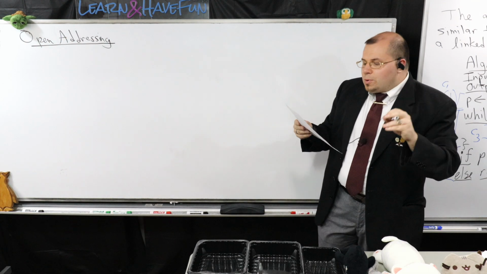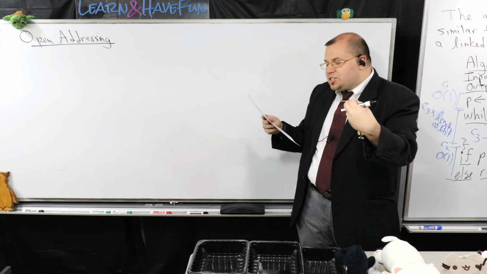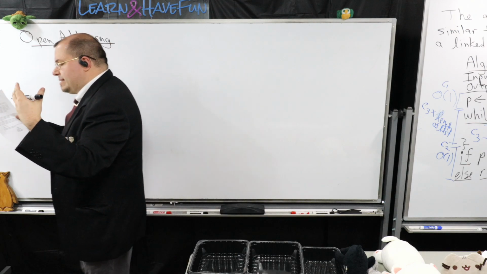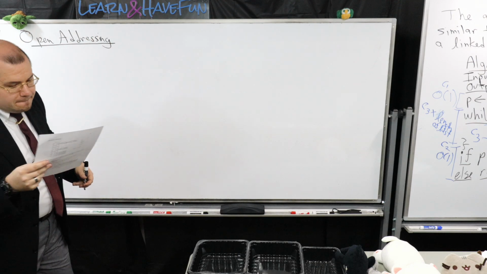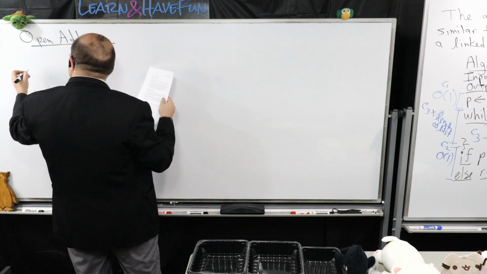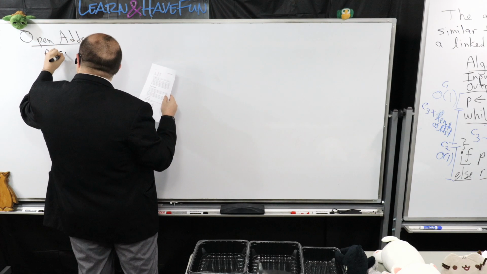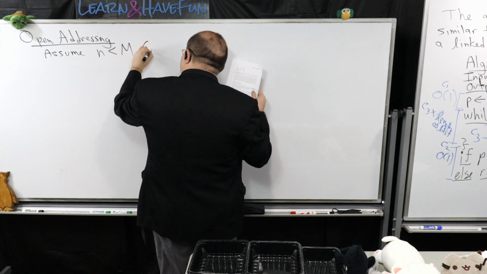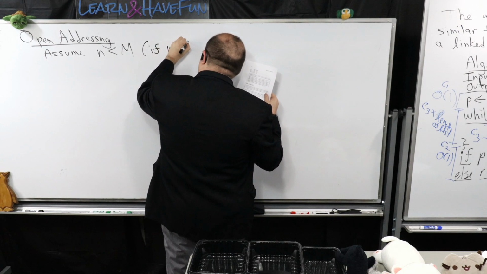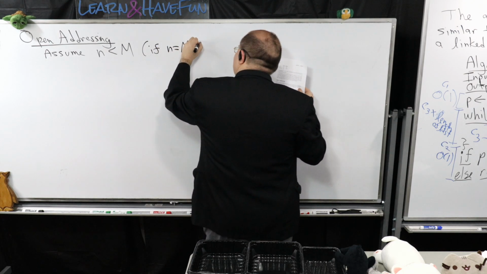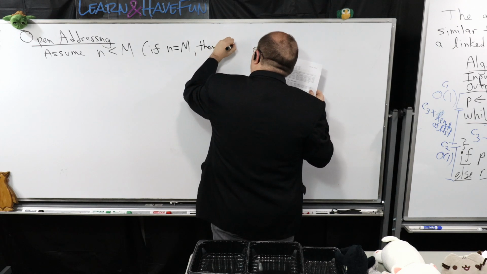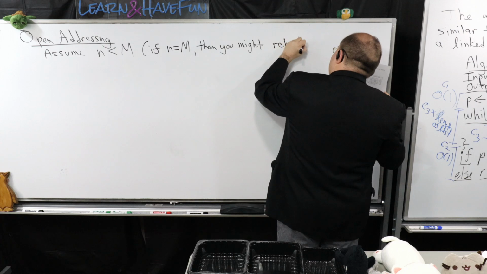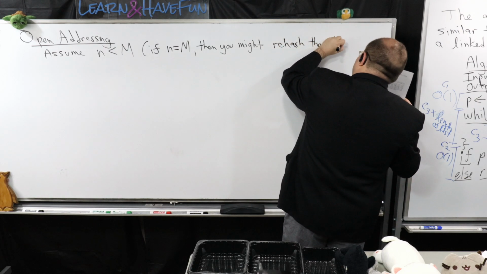So what we're going to do here is I'm always going to assume that n is less than capital M. So note that, of course, if n is equal to M, then you might rehash the whole table.